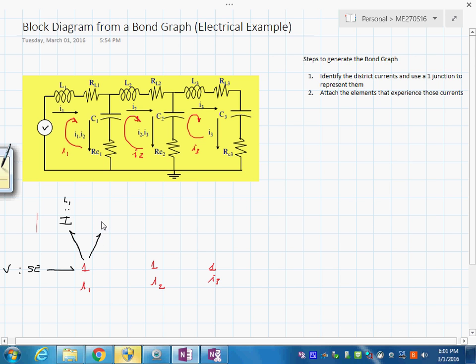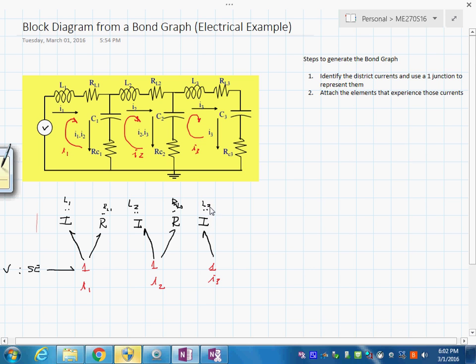This one right here, we are going to put an I element with value L sub 2, and then this other one, an R element with value RL2. And in here you have another I element with value L sub 3, and this other R element with value RL3.